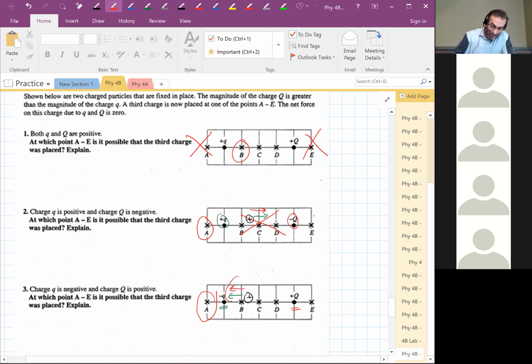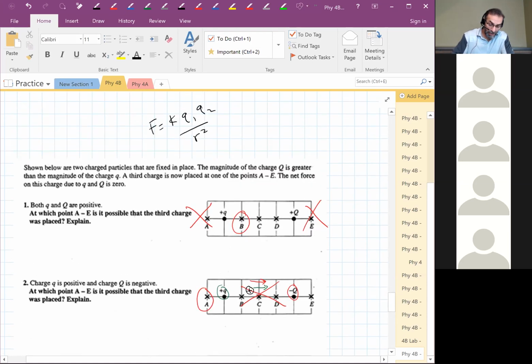So both of those forces are going to be in the same direction, so they can never cancel out to zero. So we can't be in between. We're looking for a point where the net force is zero on this charge that we're putting in there.